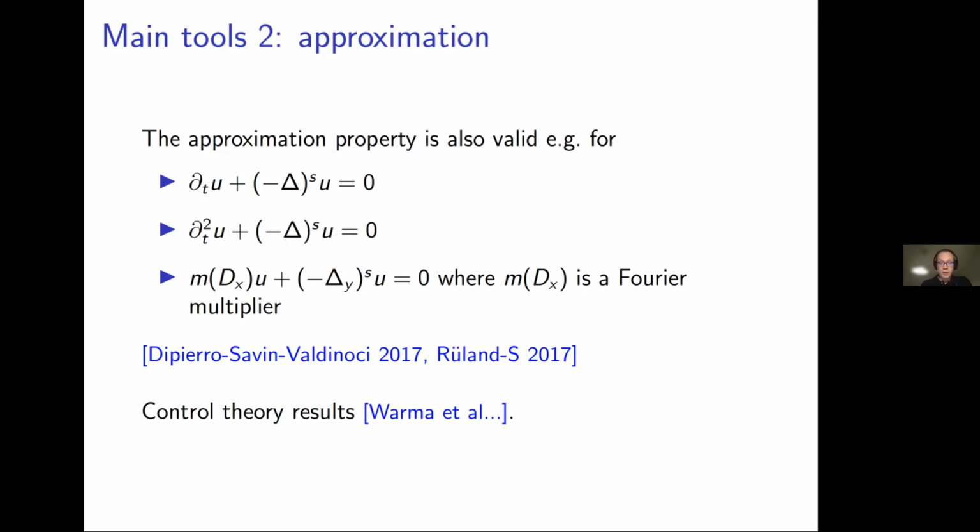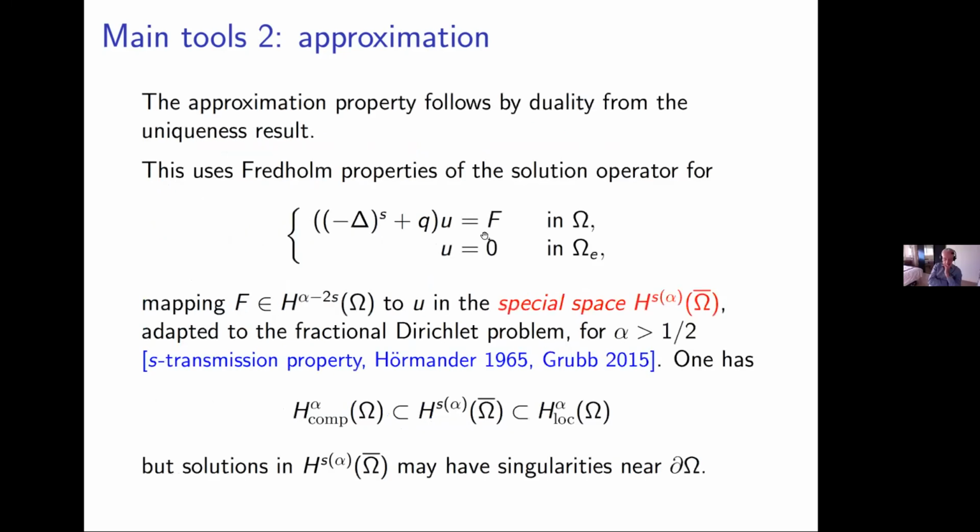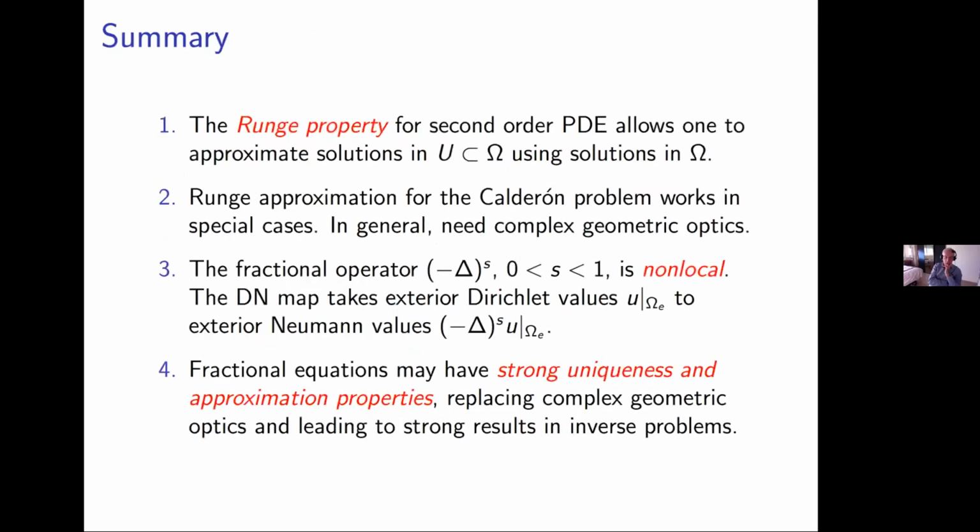Okay, but I guess I'm getting close to the end. So let me end with a summary. I was discussing the Runge property, which can be understood as approximate controllability for second order PDE. It allows you to approximate solutions in a subdomain U by global solutions in omega. And in the Calderón problem, you can use it in some special cases, like when the conductivity is known near the boundary or real analytic.